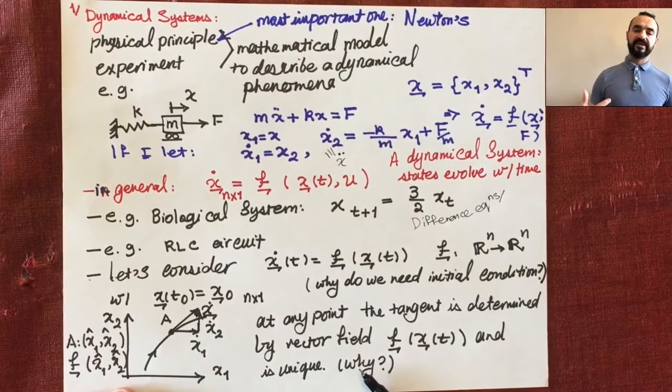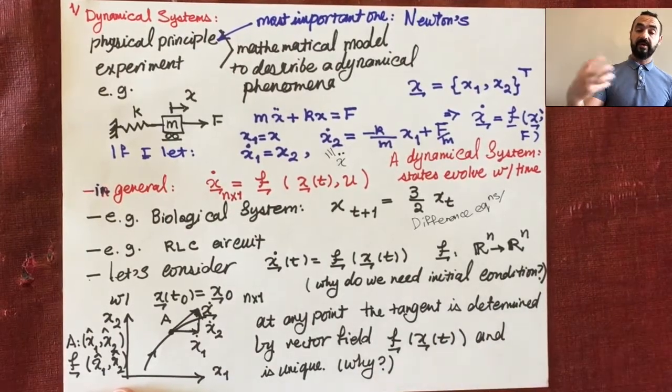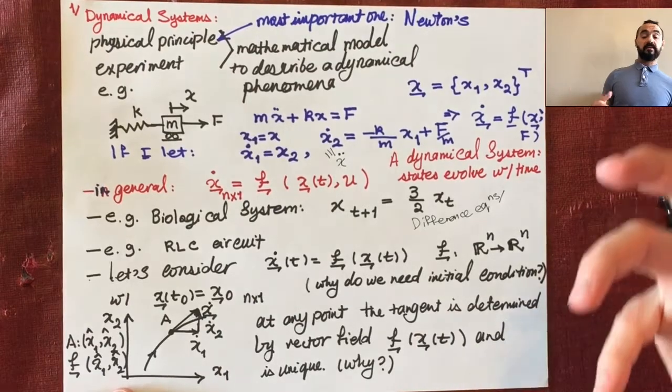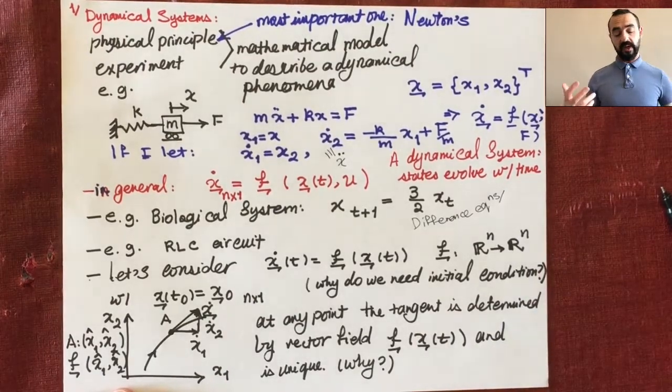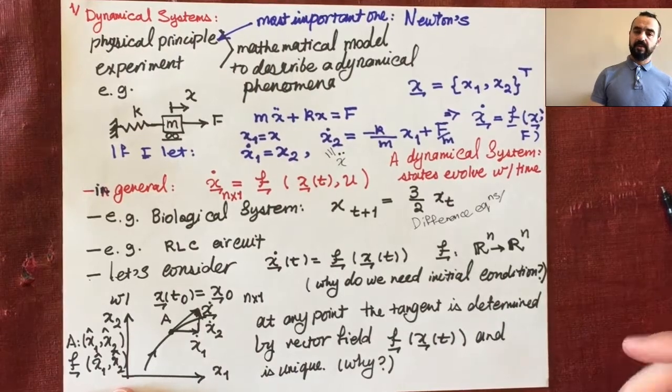So let me rephrase my question this way: could we have two curves, two solutions, going through the same point A?